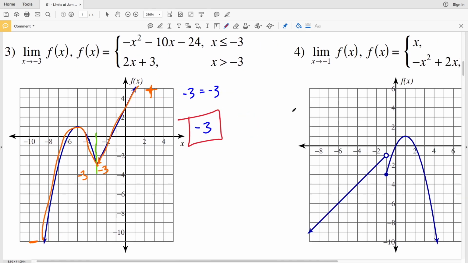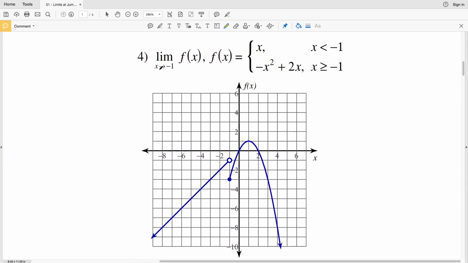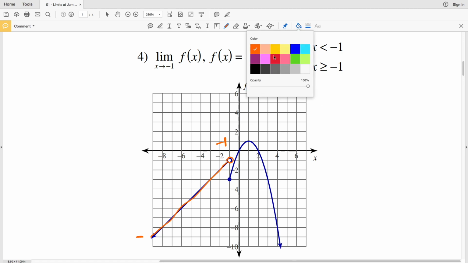Let's look at number 4. In number 4, again, we're looking at the limit as x approaches negative 1, and this is generally. So we need to see if it approaches the same number from both the left and the right. Going from the left, we can see that as x approaches negative 1, for f of x, our limit is negative 1.